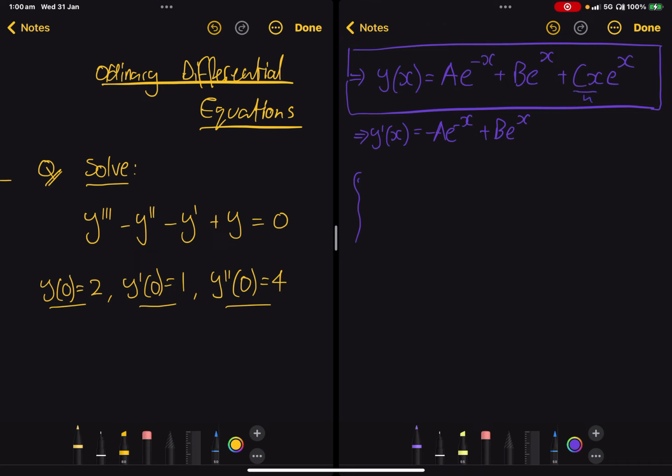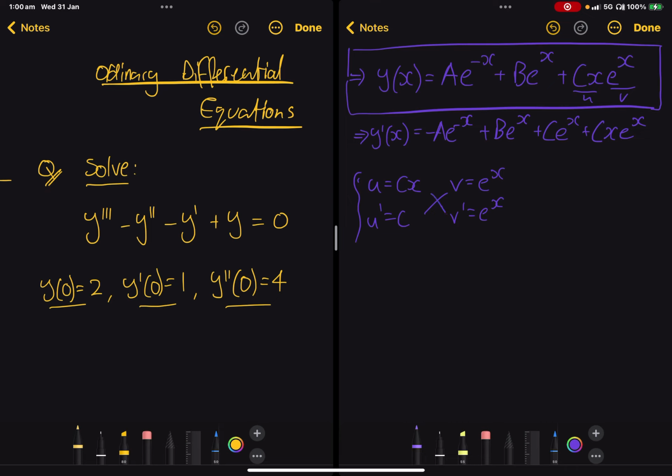So u is cx, u' is c, v is e^x, v' is e^x. So this last term breaks into u'v, which is c e^x, plus uv', which is c x e^x. So this is our first derivative.